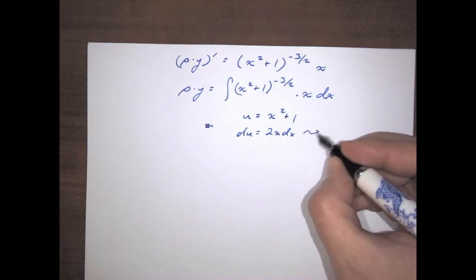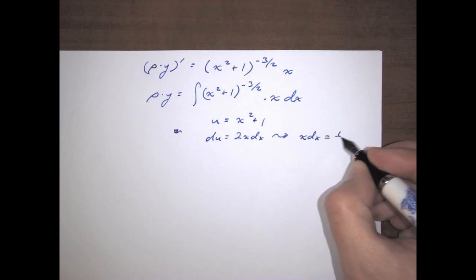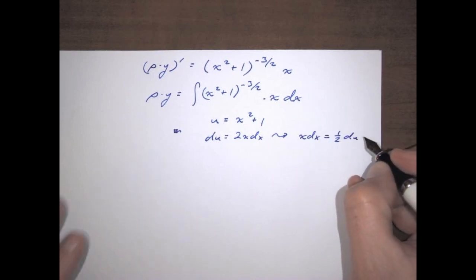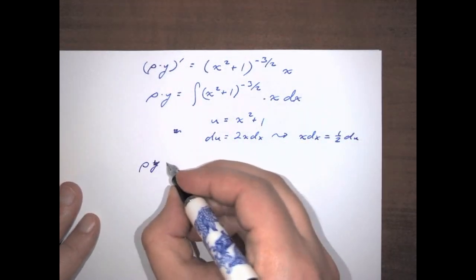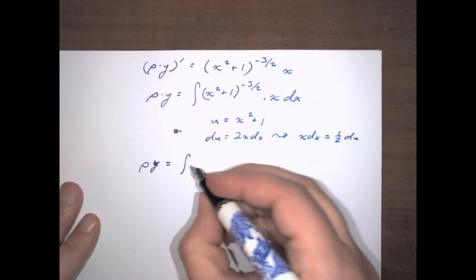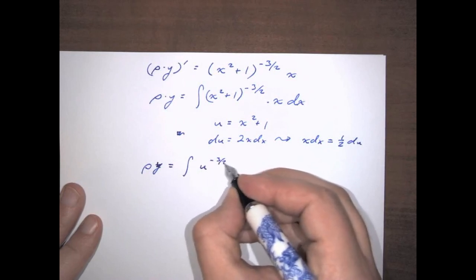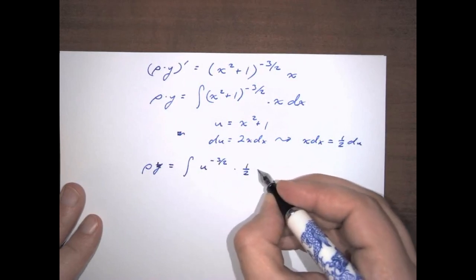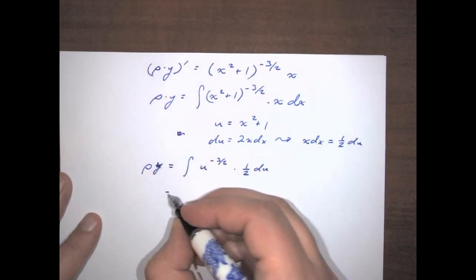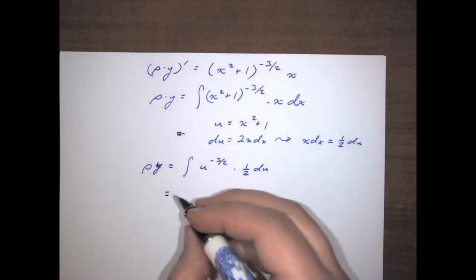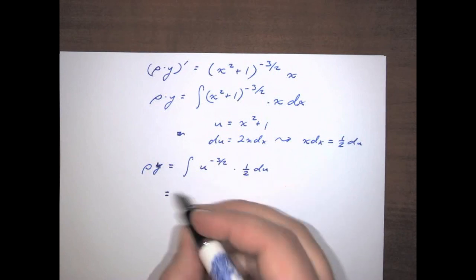That leads to the more useful fact that x dx is equal to 1/2 du, which means that rho y is equal to the integral of u to the negative 3/2 times 1/2 du, which then leads us to a power rule.